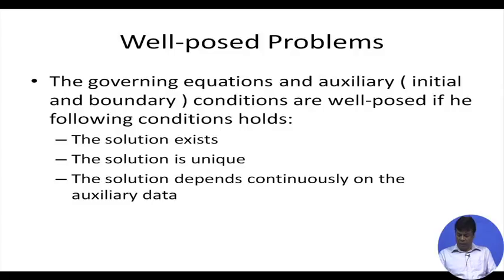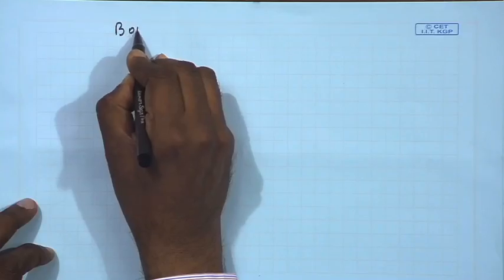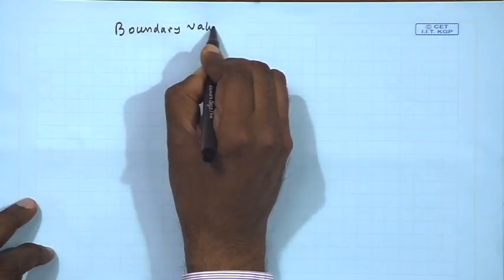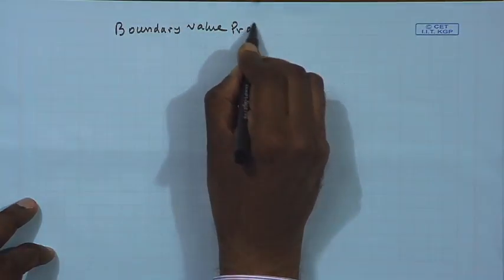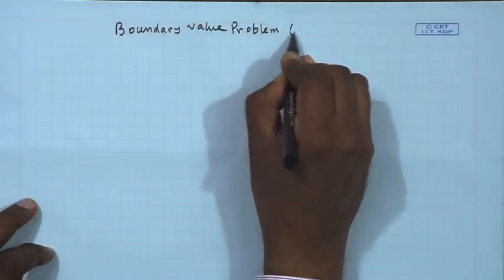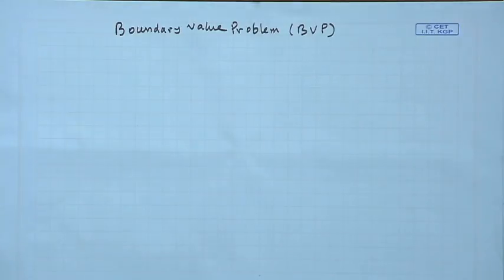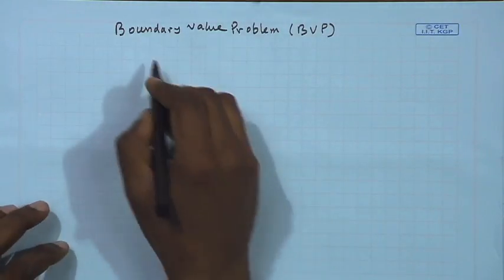Now, we will be interested in numerical methods for boundary value problems. What is a boundary value problem? In short, a boundary value problem is referred to as BVP. A BVP is where the conditions are given at two different points.